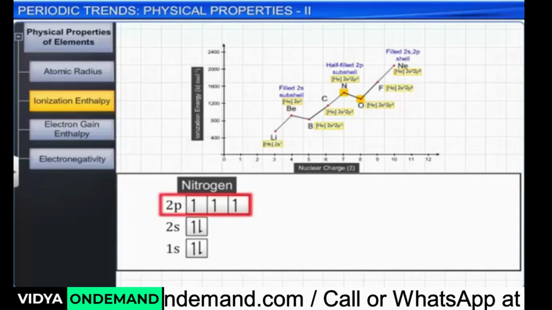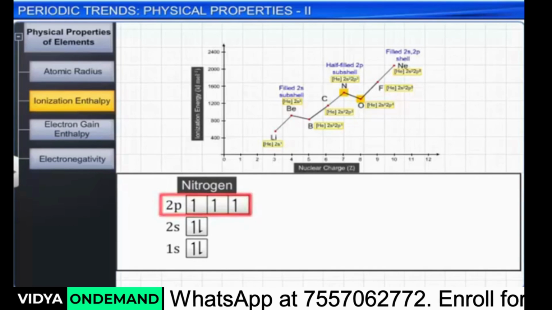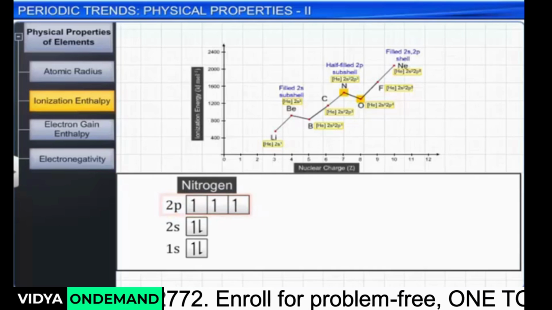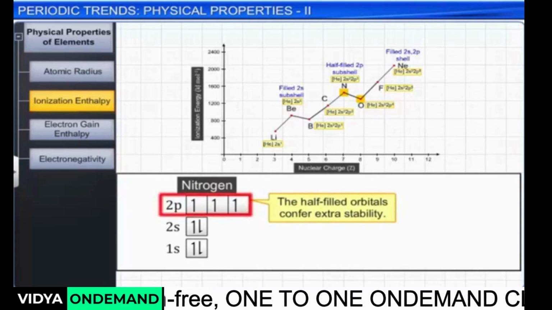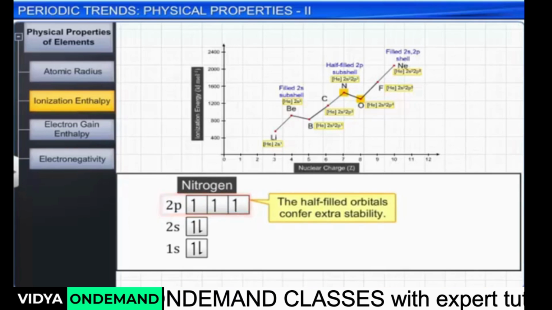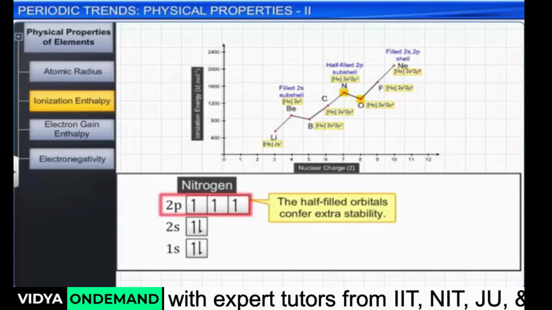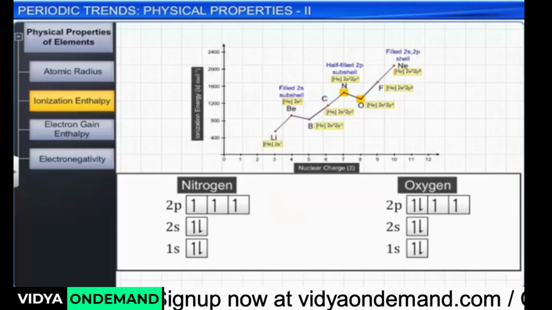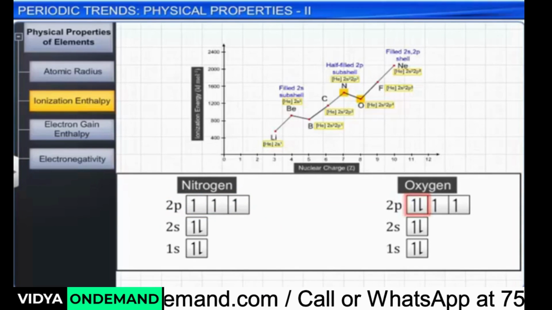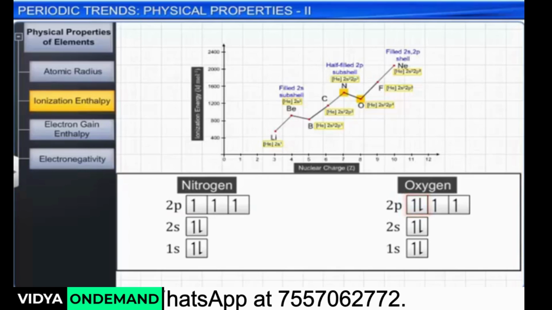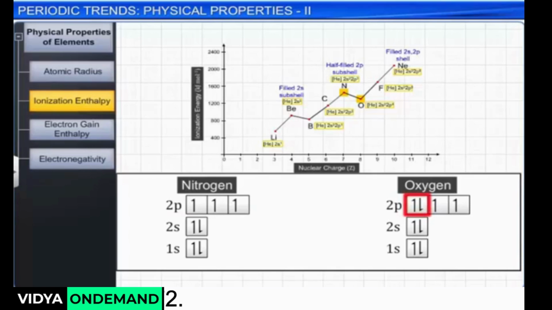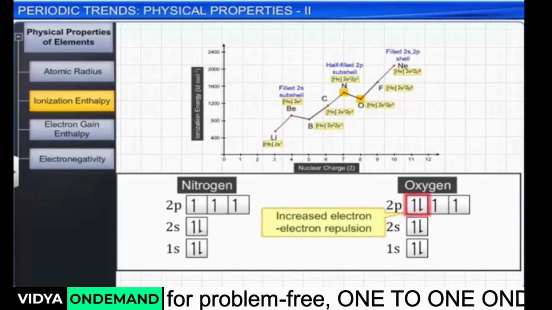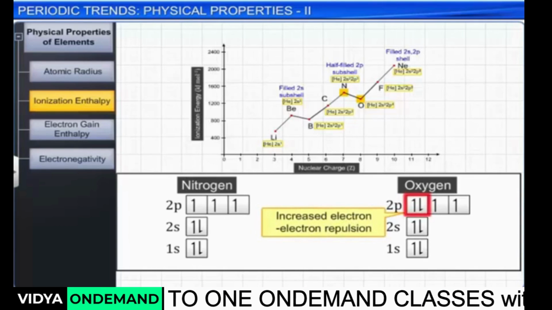However, in the oxygen atom, two of the four 2p electrons occupy the same 2p orbital. This results in increased electron-electron repulsion. Hence, it requires less energy to remove the fourth 2p electron from oxygen than to remove one of the 2p electrons from the stable half-filled nitrogen atom.